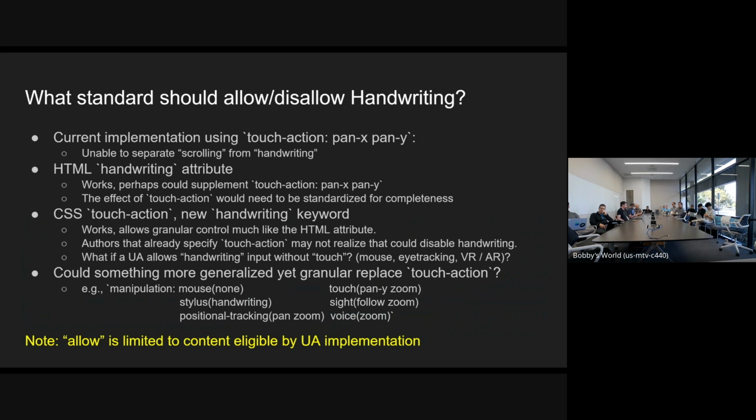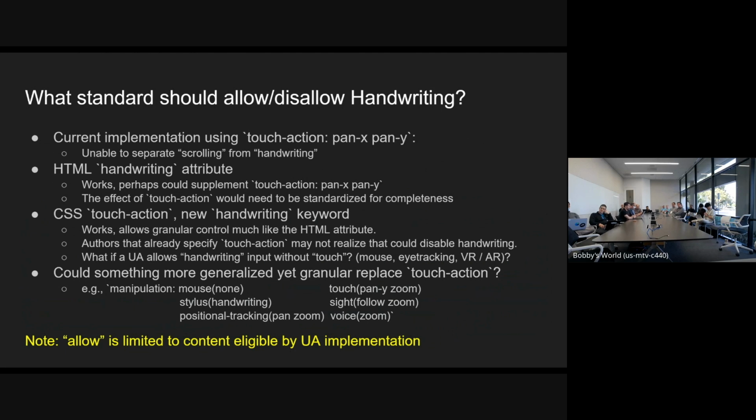So back to whether or not an element should allow handwriting. The current implementation is based on having both pan X and pan Y. One of the difficulties with that is it's not possible to separate handwriting from scrolling, because the combination is what allows handwriting currently.